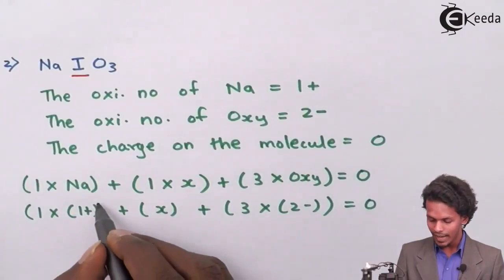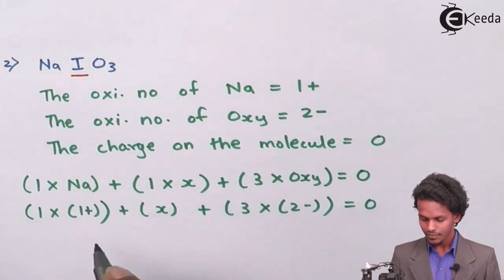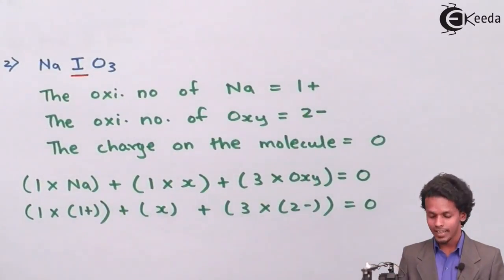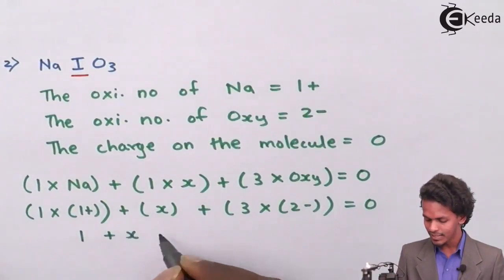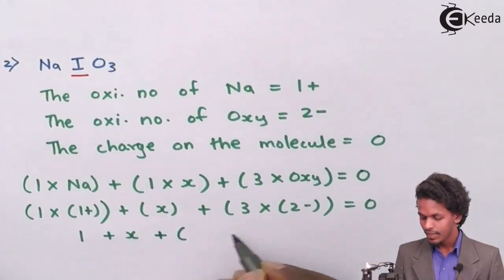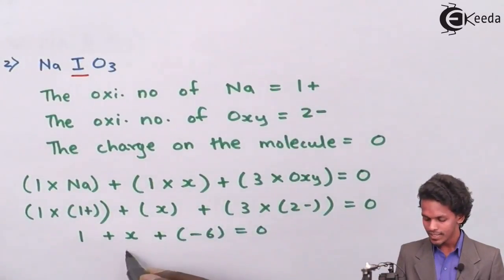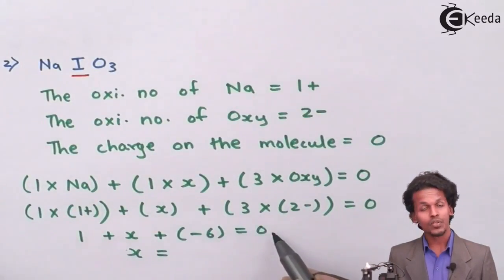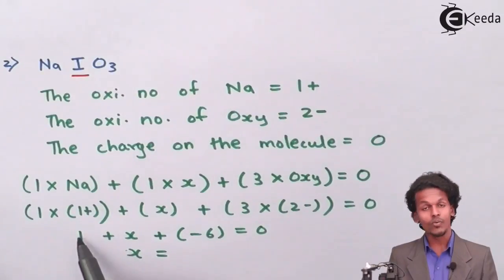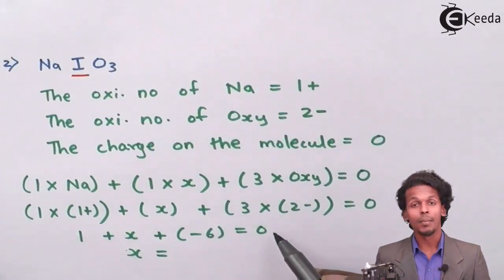So this will give an overall answer as 1 into 1, that is 1, plus X plus minus 6 equals 0. So in this case, X will be nothing but this 6 will go over there, so it will become plus 6, while the 1 will go over there, it will become minus 1.